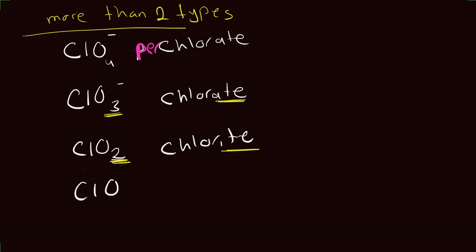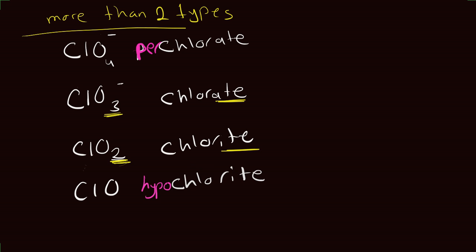Because it is less oxygen, still you say chlorite, but because it's less than this one, in order to not be confused, I'm going to use a prefix: hypo. Hypochlorite. Hypo means less than normal, but per means more than normal. This is the normal type, and this one is also a normal type. Good.